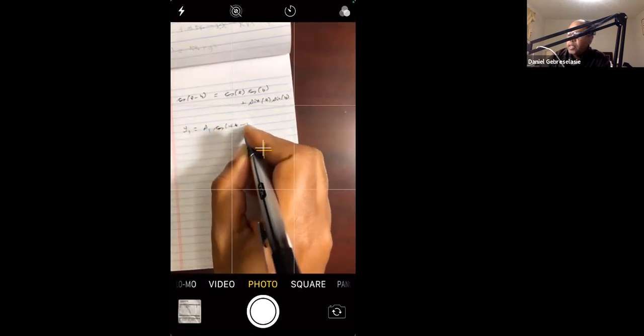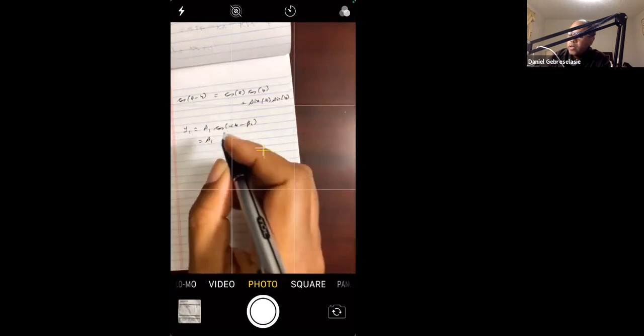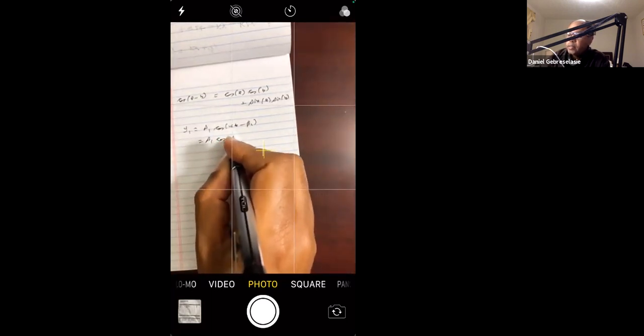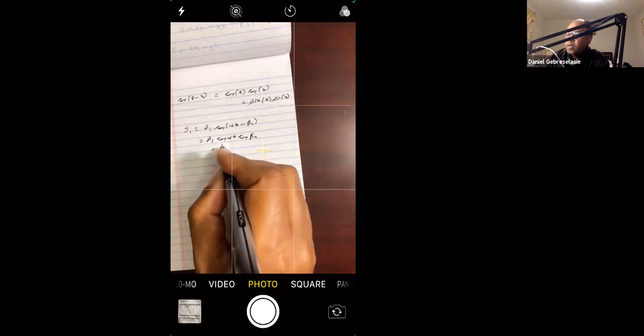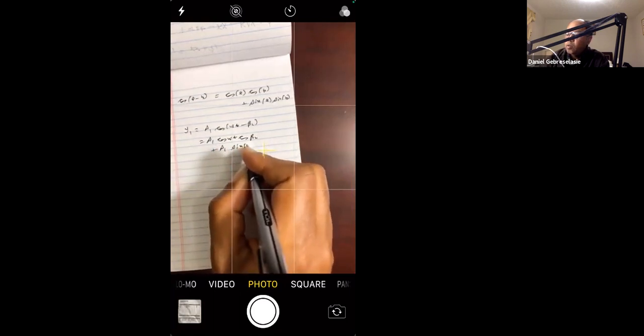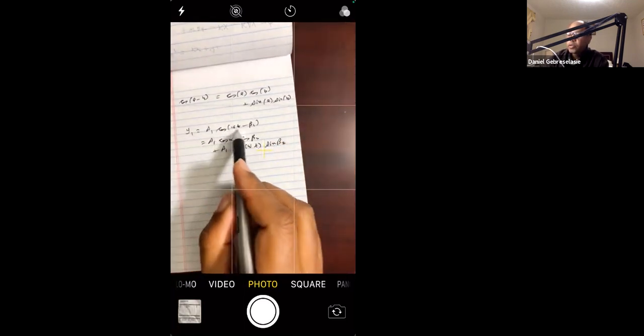So what I have is y1 equals a1 cosine of omega t minus beta 1. Okay, when I use this formula, it becomes a1 cosine omega t cosine of beta 1 plus a1 sine omega t sine beta 1. Okay, that is the expansion of this one over here.